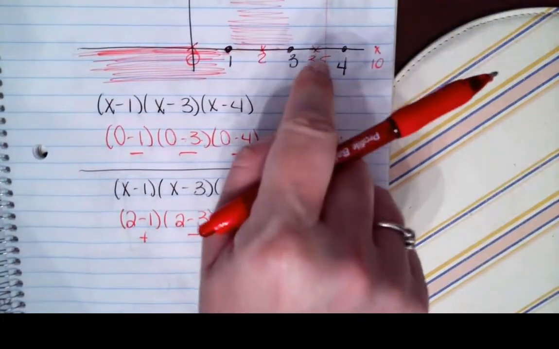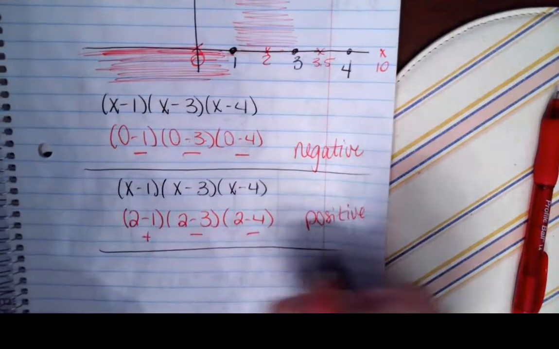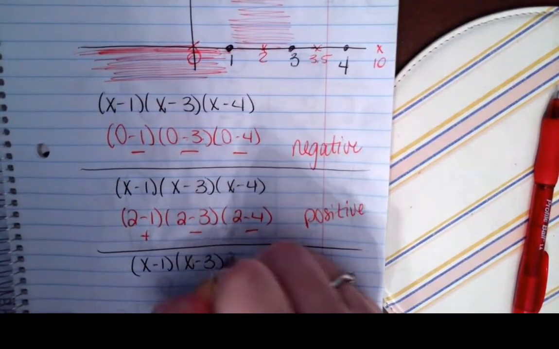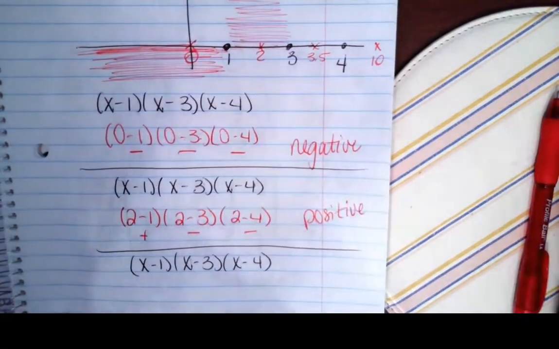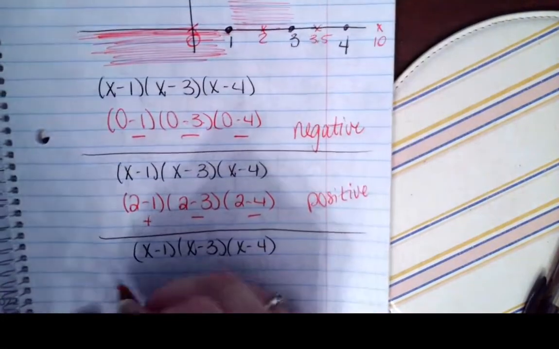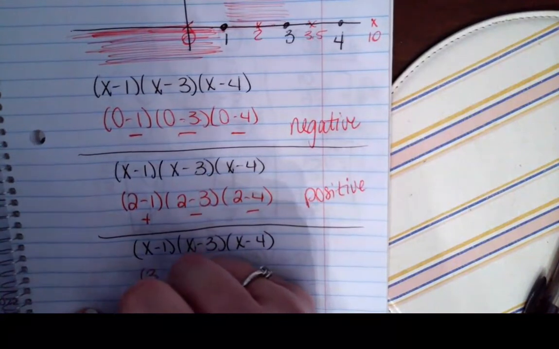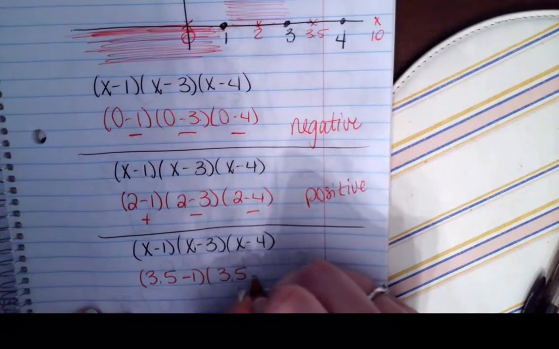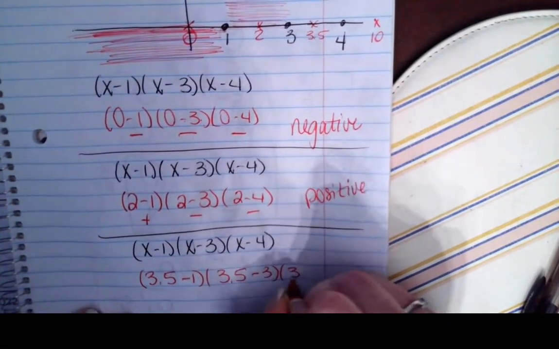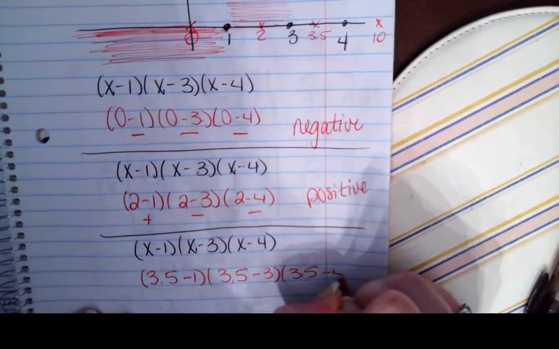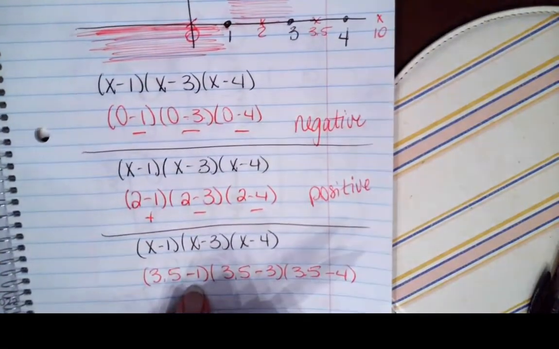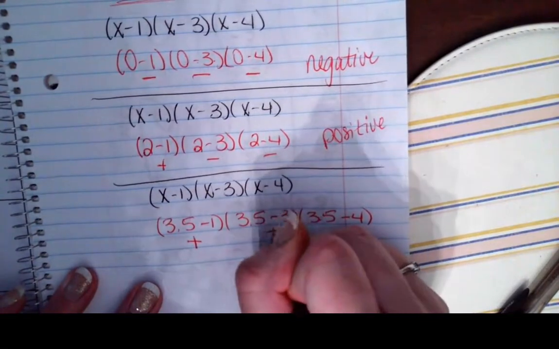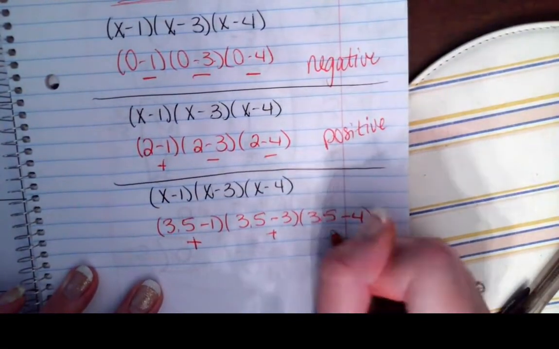So let's grab another one. Let's grab this test point of 3.5. So I've got x minus 1, x minus 3, x minus 4, and I'm going to use my test point of 3.5. So 3.5 minus 1, 3.5 minus 3, 3.5 minus 4. 3.5 minus 1 is positive. 3.5 minus 3 is positive. 3.5 minus 4 is negative.